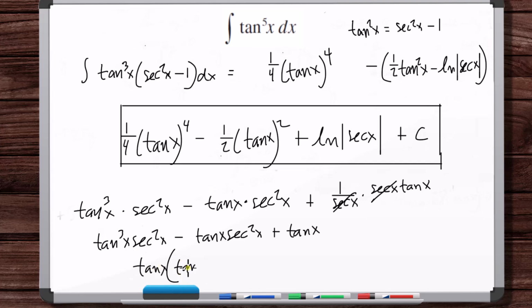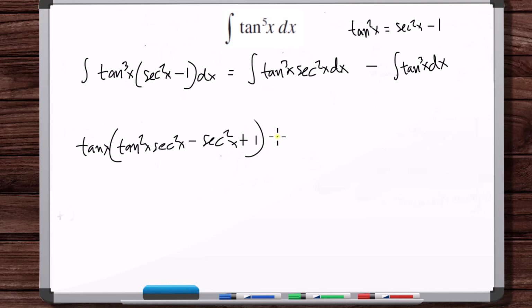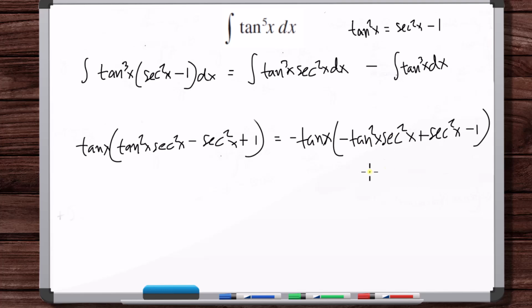We've got tangent squared of x secant squared of x minus secant squared of x plus 1. If we factor out a minus 1, we get minus tangent squared x secant squared x plus secant squared x minus 1. Secant squared x minus 1 is tangent squared of x.